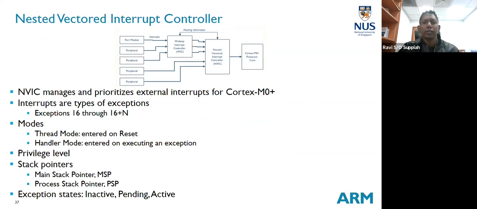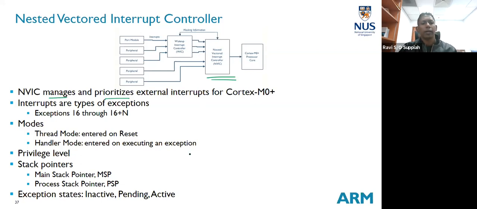So you can see this is like the gateway. Everything comes into the NVIC and the NVIC triggers the core. The NVIC is the one that is responsible for managing and prioritizing all the external interrupts that come in. We will look a bit at how NVIC works, and how it helps us.